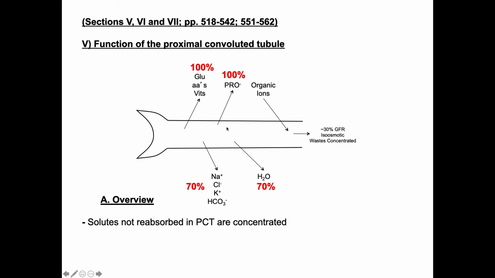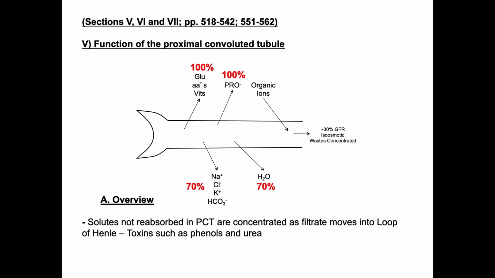Everything that is not reabsorbed in the proximal convoluted tubule is concentrated as the filtrate moves into the loop of Henle. Things like phenols and urea. Now this is going to be an important concept for you to hang on to also.